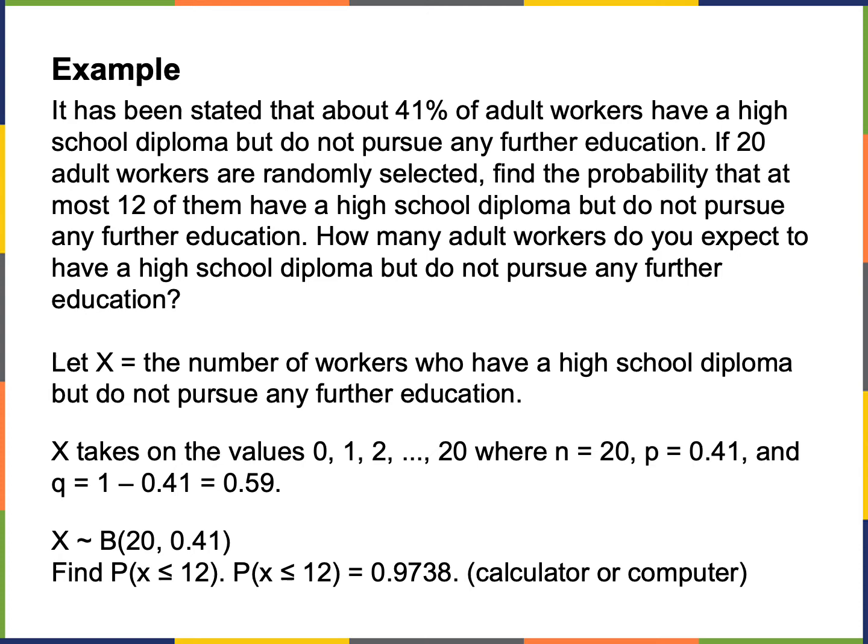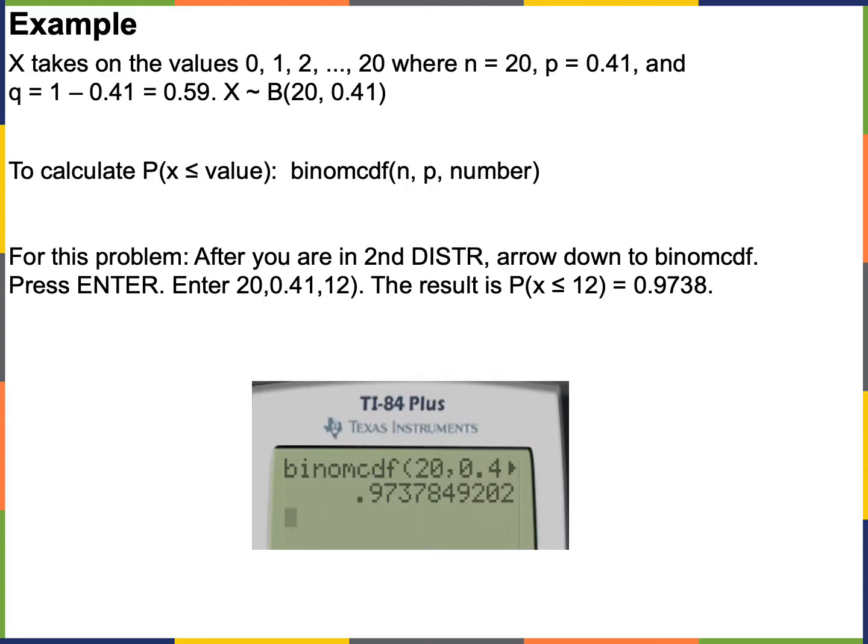I'm going to show you how we do this using the calculator. Here's the example. I'm basically taking just the meat of it. X is the value 0 through 20, where N is 20. The total number of trials is 20, and the probability of success is 0.41, so Q would be 0.59. It's a binomial distribution.